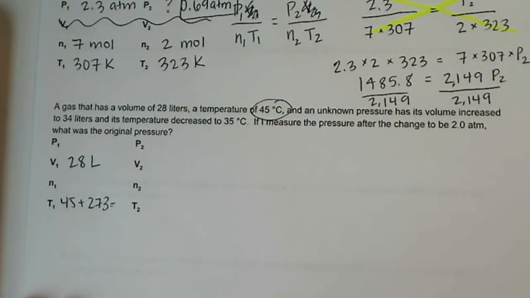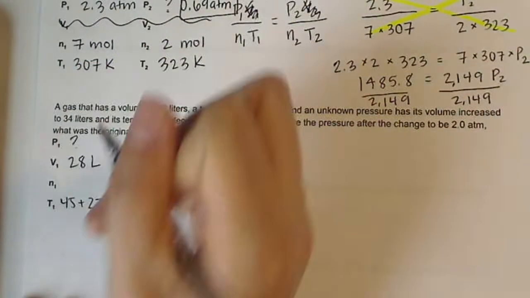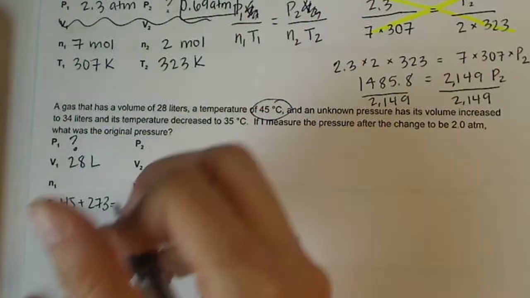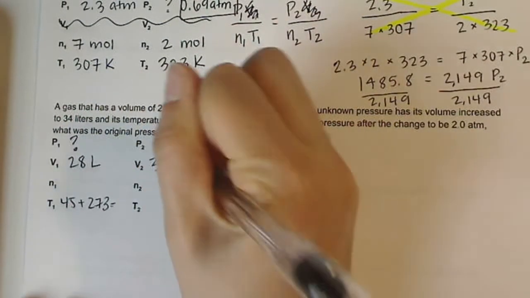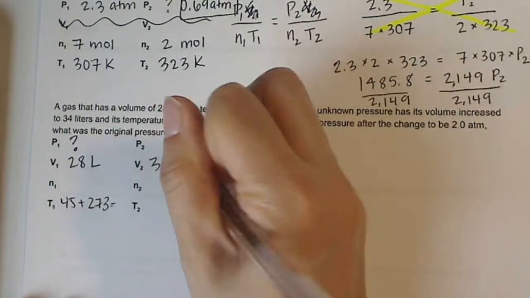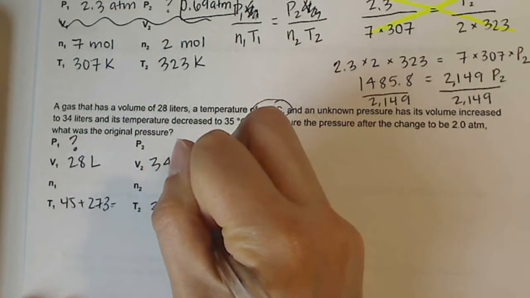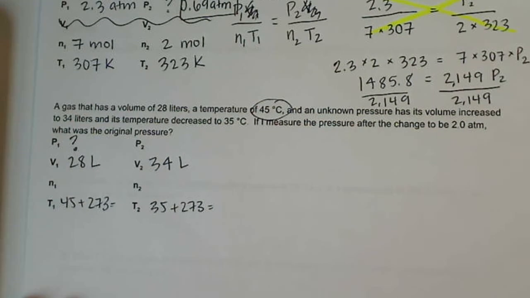I have an unknown pressure, so I don't know what my pressure is. Then we increase the volume to 34. So that's my final volume. The temperature is decreased to 35, so we're going to do 35 plus 273 here. And then my pressure is 2.